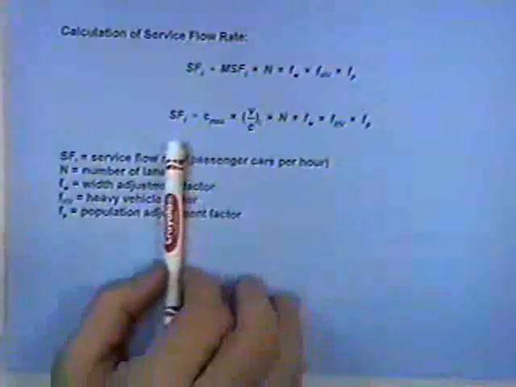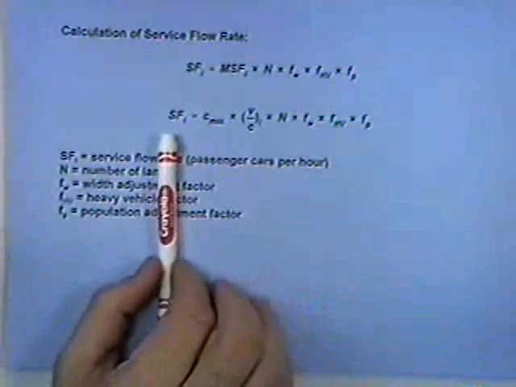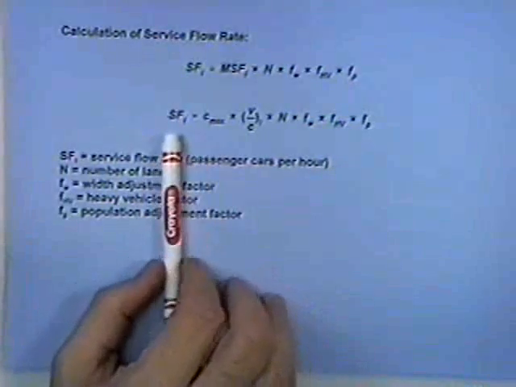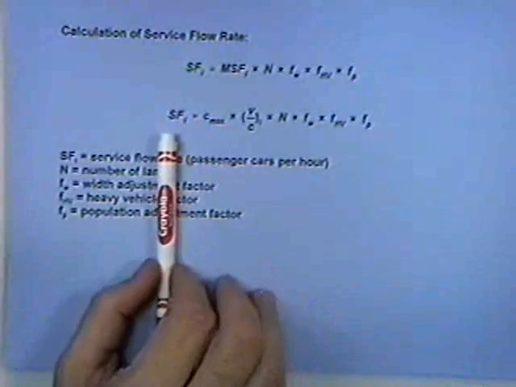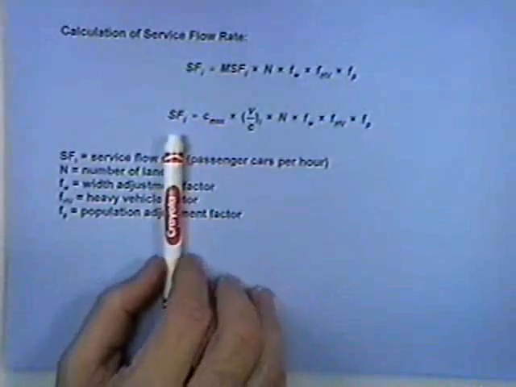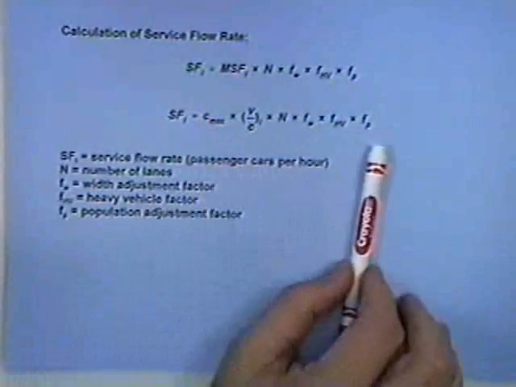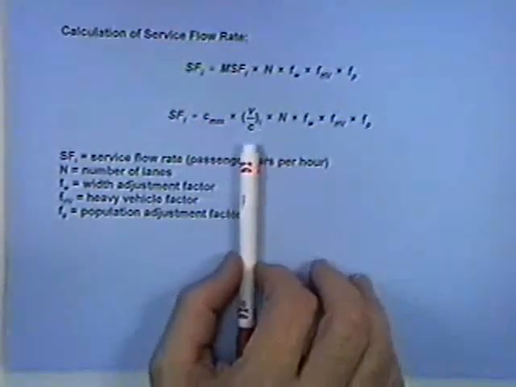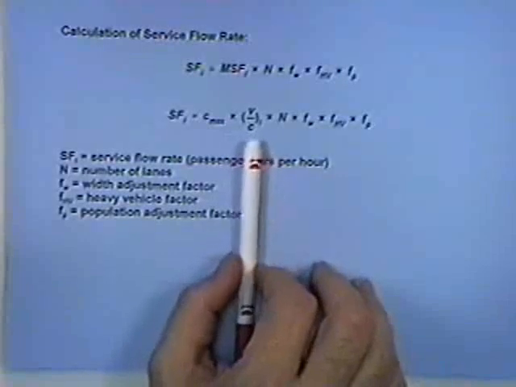So when we look at these values, we come into this equation, and we want to figure out what our service flow rate would be. Well, let's assume for a minute that we had all ideal conditions and a 4-lane freeway.